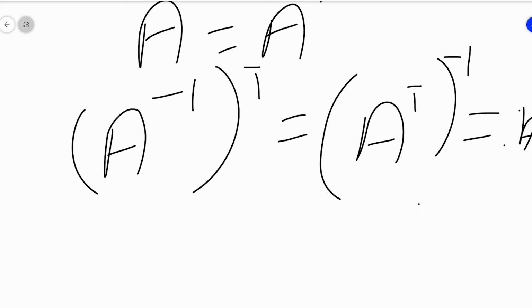So if A is invertible, then this property holds, exactly the one I mentioned here. But the sum of two symmetric matrices is not necessarily symmetric, especially when it is not the same matrix that you are adding together.